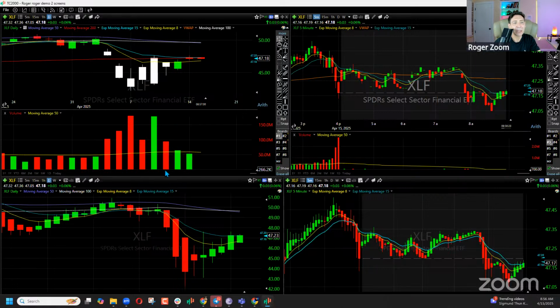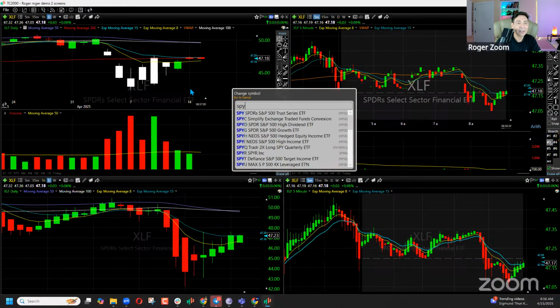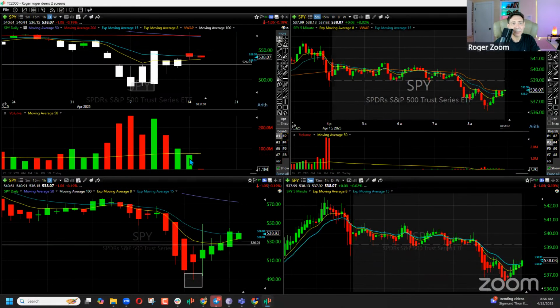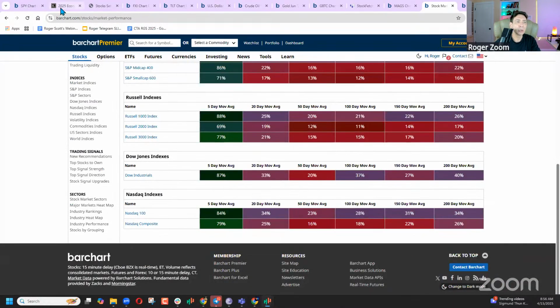And look at volume yesterday on financials. Matter of fact, look at volume yesterday on the SPY. See, volume's coming down. There's no interest in U.S. stocks at these levels. That's very concerning. So neutral, neutral, neutral, neutral.